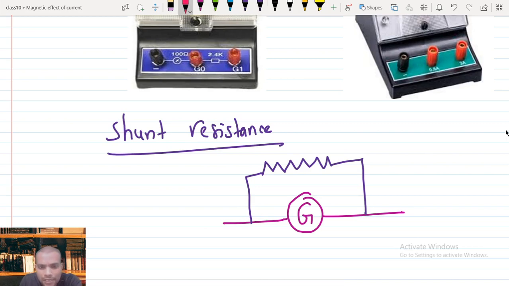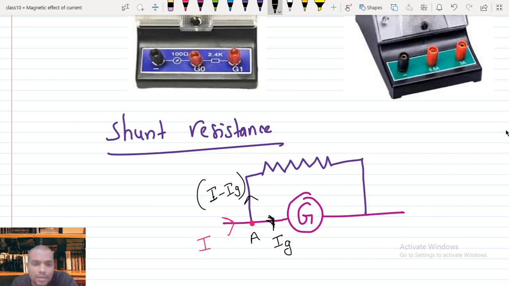Now observe carefully here. If a current I is passing, when it comes to a junction here, the current gets divided. If the current passing through the galvanometer from junction A is Ig, the rest of the current passing through the resistance is I minus Ig.